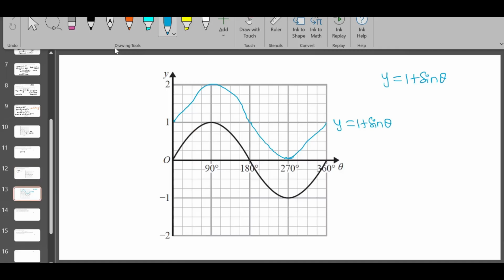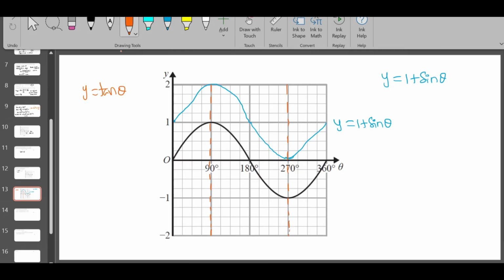Yes. And then we are going to sketch tan theta. For tan theta, there is an asymptote at 90. Another asymptote at 270.